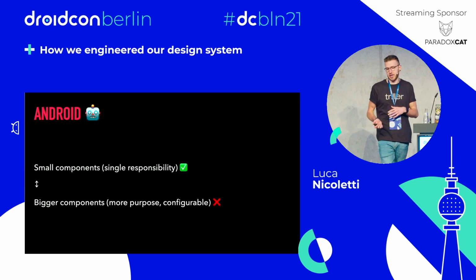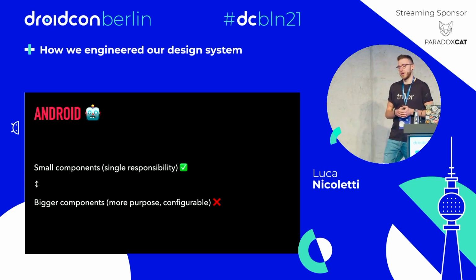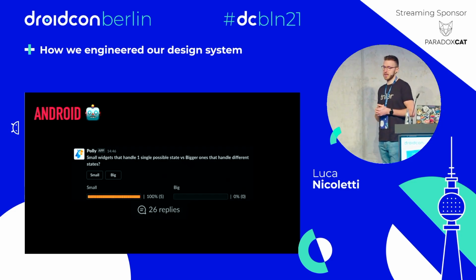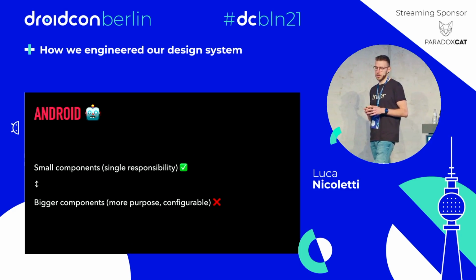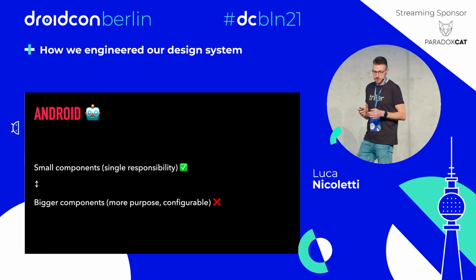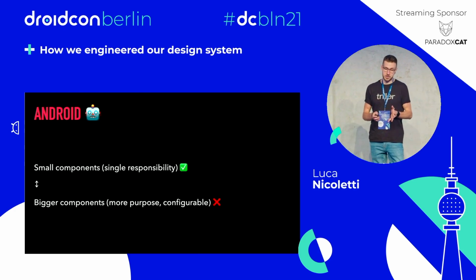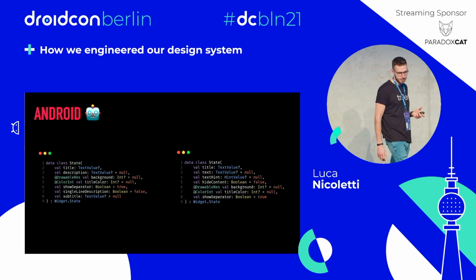And we eventually ended up reverting everything and going for small components, even maybe duplicating some code, but single-responsibility widgets, easier to understand, easier to write, easier to debug as well.